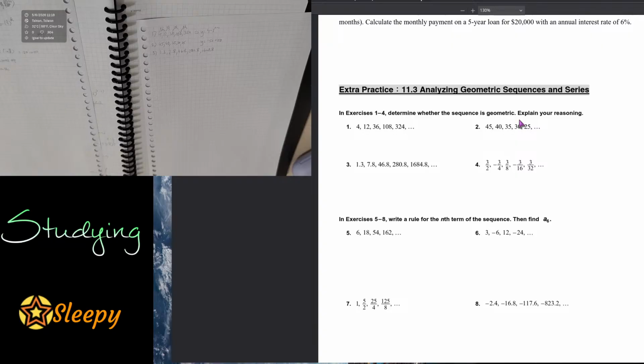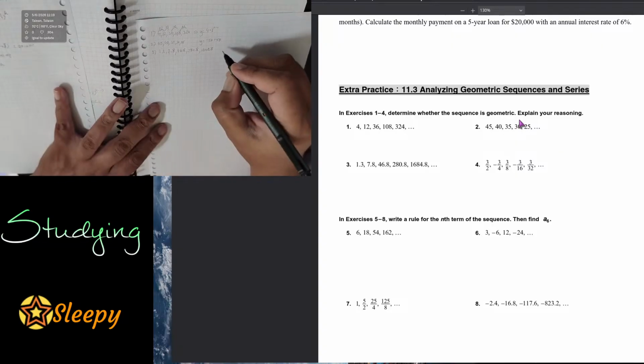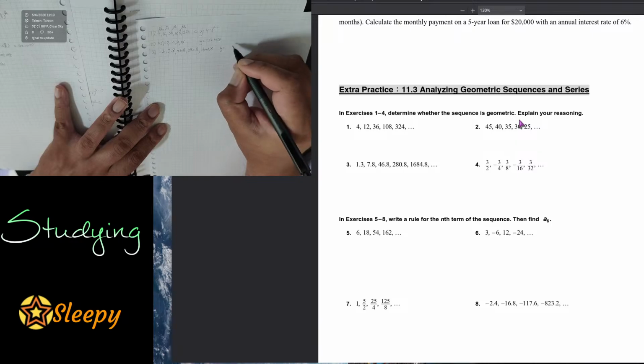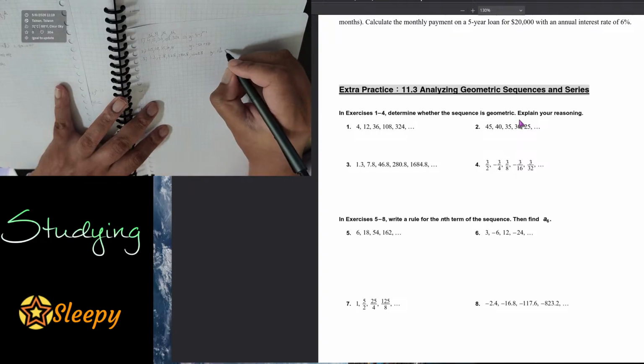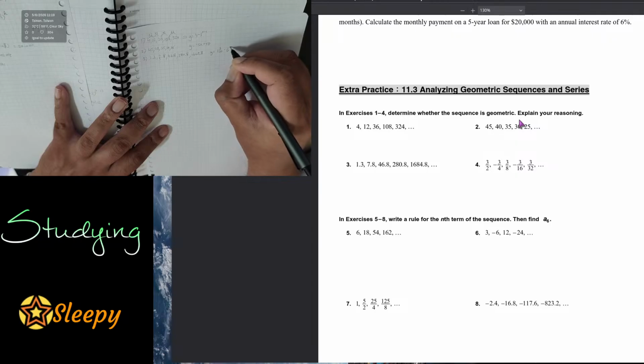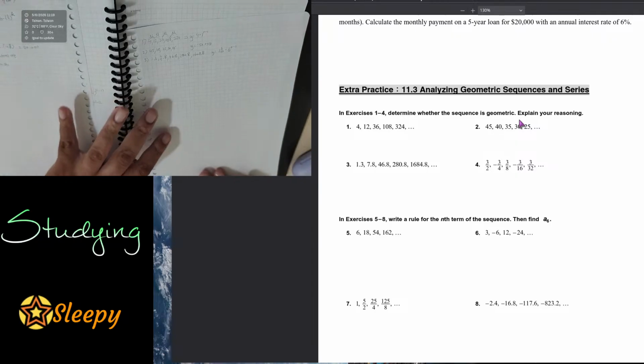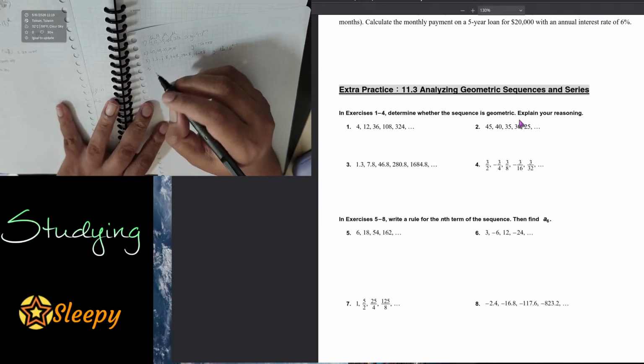So y is 1.3 times 6 to the power of x minus 1 for 3.